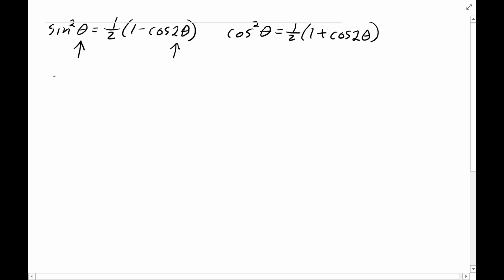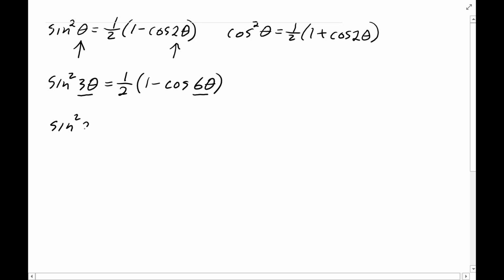So if we were to take the sine squared of, say, 3 theta, and want to get rid of that square on the sine, we could use this reduction formula to say that's 1/2 of 1 minus the cosine of 6 theta. Because this formula is taking this angle and doubling it to get that angle. So just keep that in mind.